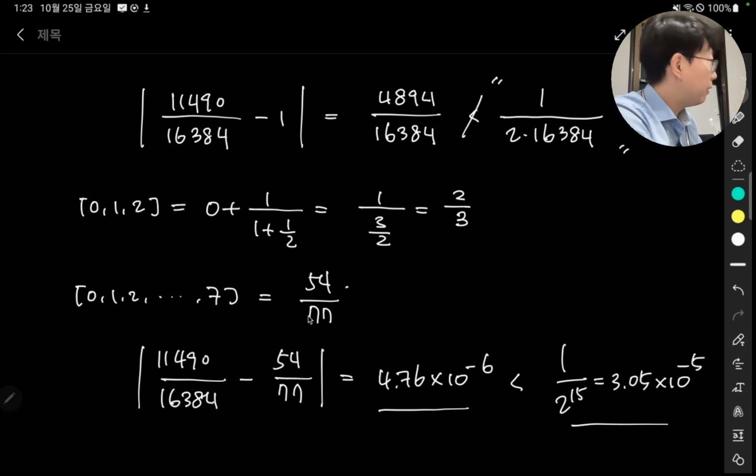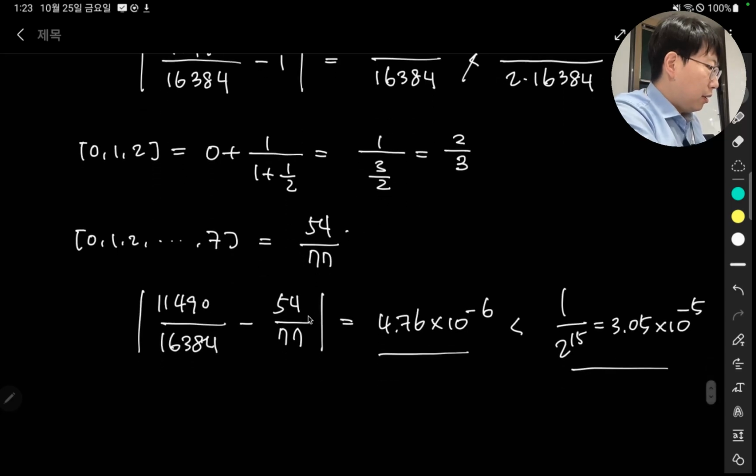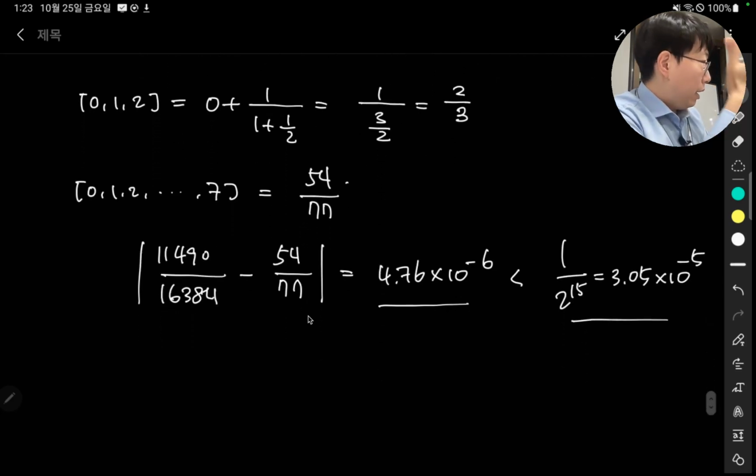So it satisfies the inequality. If you just want to satisfy the inequality, then you can go further than 7 on the convergent sequence to make the error a lot smaller, keep making it smaller than 10 to the minus 6.